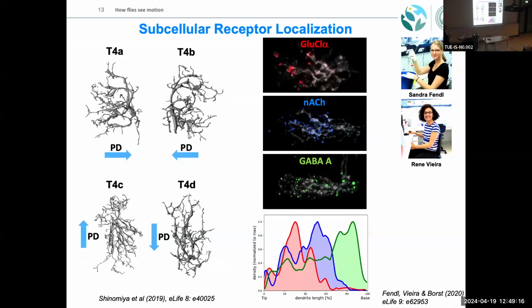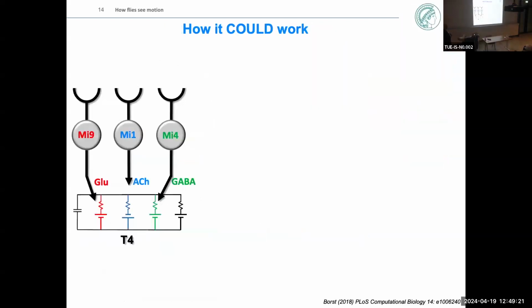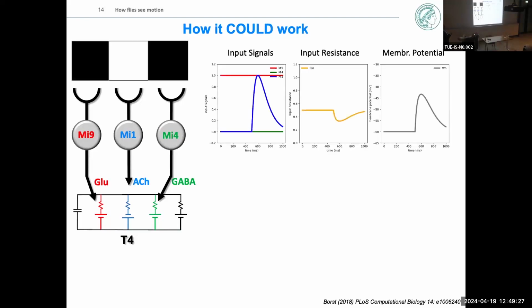So now about functional consequences of all of that. This is how it could work. In the dark, Mi9 is active. In the dark, Mi4 is zero, not active. Now we have a flash of response to the center, Mi1, it will respond like this.